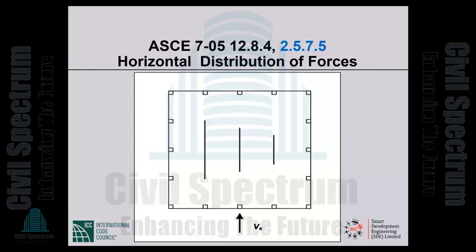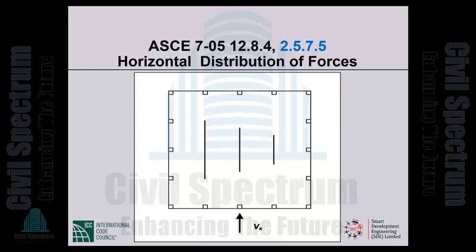The answer is in proportion to their relative lateral rigidities: how much force is needed to impart 1 unit of interstory displacement to one of those resisting systems. The higher the force, the more rigid the system, and the larger proportion of V sub x it picks up.